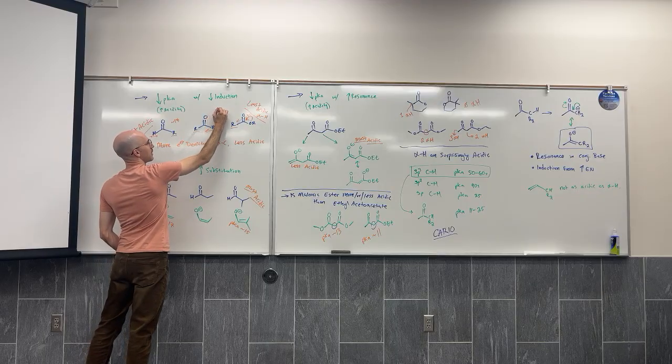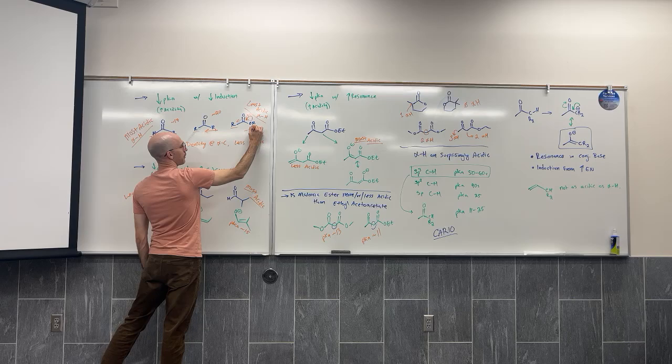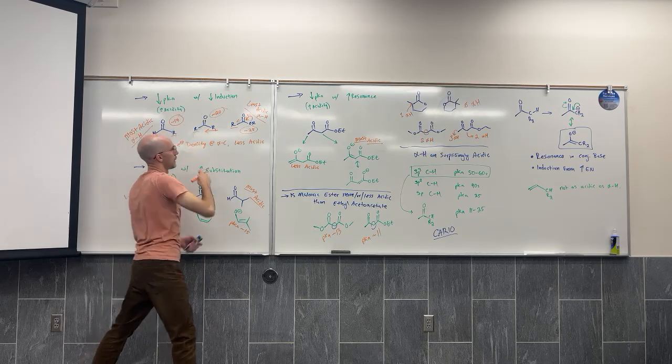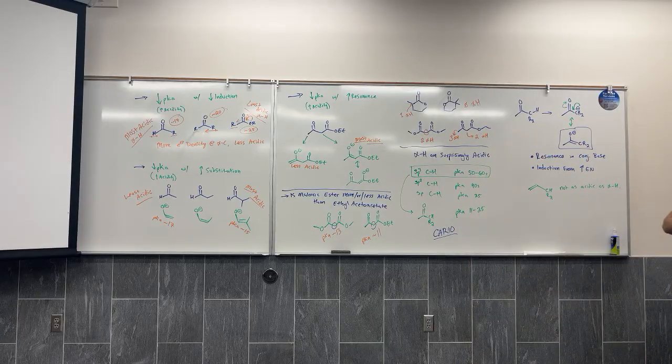The ketone has an upper end around 20. And the ester has an upper end around 25. So if you are interested in how much more acidic it is, the ester is much, much less acidic. The ester is 5 orders of magnitude less acidic than the ketone.